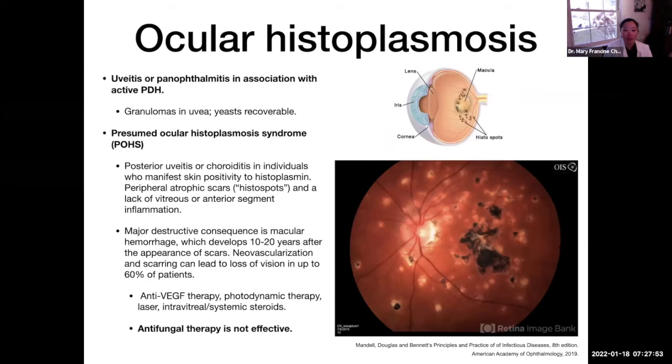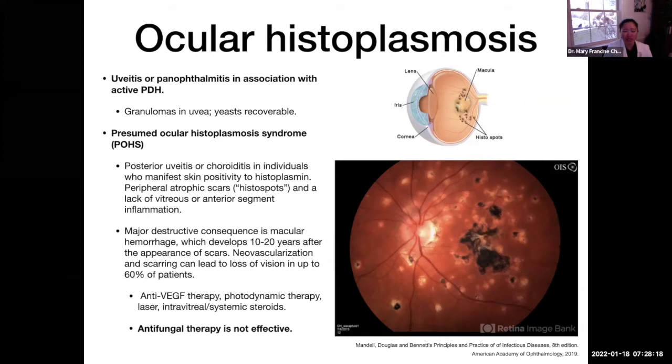And then one of the more common kinds is presumed ocular histoplasmosis syndrome, which presents as a posterior uveitis or choroiditis in individuals who manifest skin positivity to histoplasmin. They have these peripheral atrophic scars, or what they call histospots, and a lack of vitreous or anterior segment inflammation.